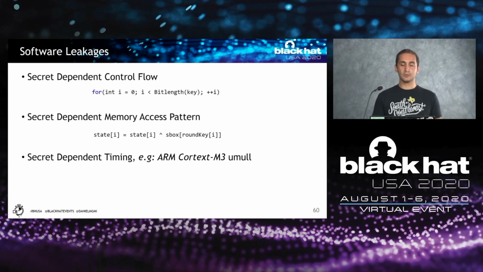They either happen due to a secret-dependent control flow, like when you do a loop or an if statement that depends on the key bit, or when you do a memory access depending on the key bits, like in some block ciphers like AES, which have something called an SBox. And in some rare cases, there are also some instructions that leak some value about the input, like on some ARM CPUs, for instance. This has been reported.